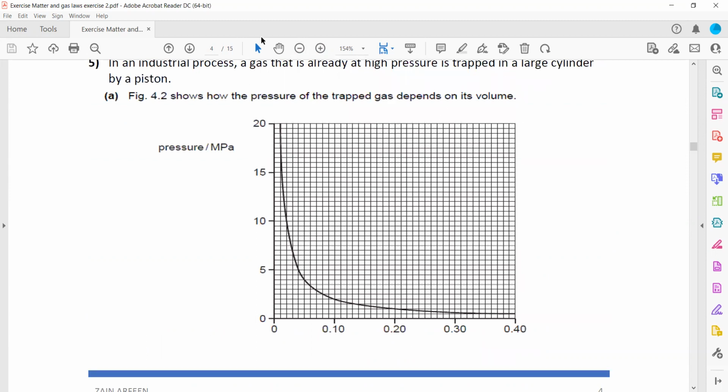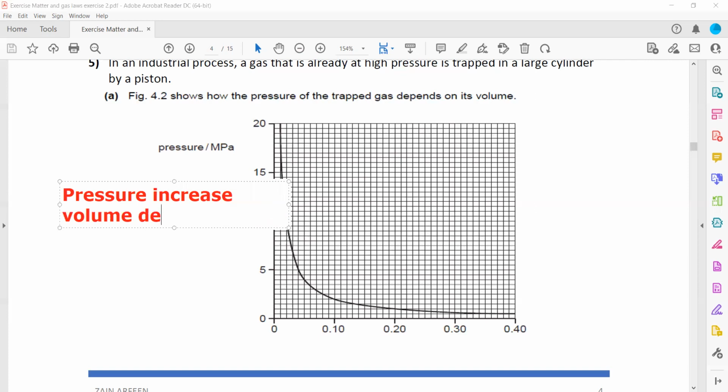So first, what is the relation? As you can see, if we are decreasing the pressure, the volume is increasing, or if we are increasing the pressure, the volume is decreasing. So there's a curve. It means when the pressure increases, the volume of the gas will decrease. And in terms of particles, we have to explain.